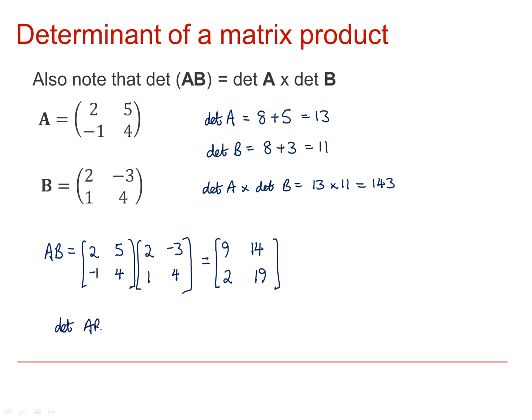The determinant of AB is then 9 times 19, take away 2 times 14, and that's 171 minus 28, which is 143. So we can see that that result holds for these two matrices.